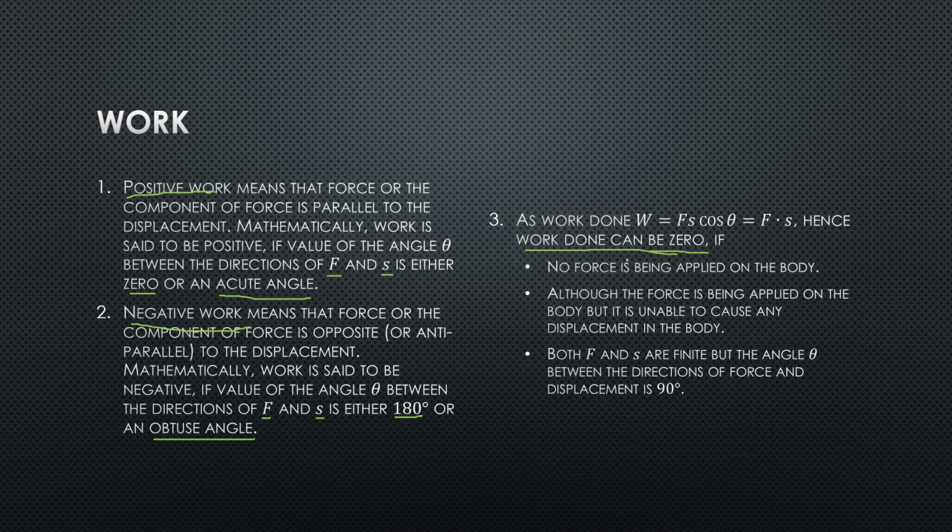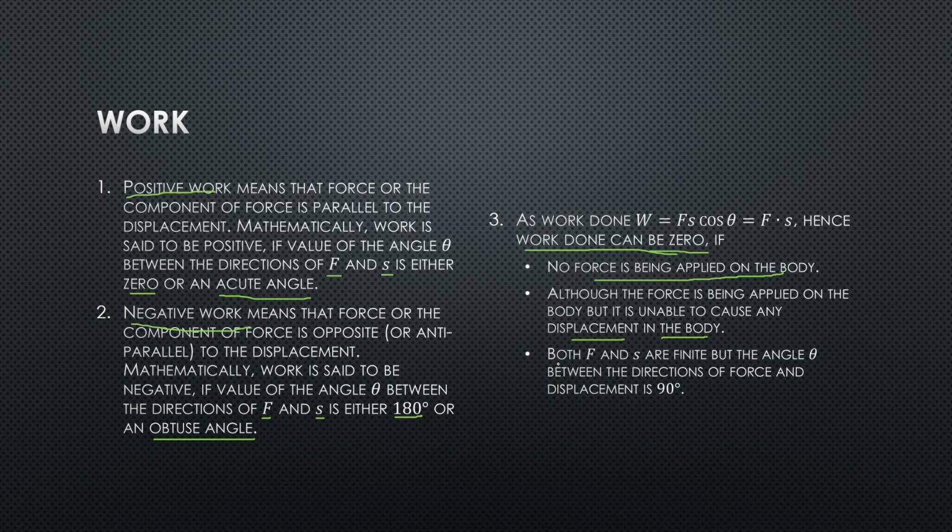Work done can be 0 if no force is applied on the body. For number 2, force is being applied to the body, but then the body doesn't move. So although the force is being applied on the body, it is unable to cause any displacement in the body.